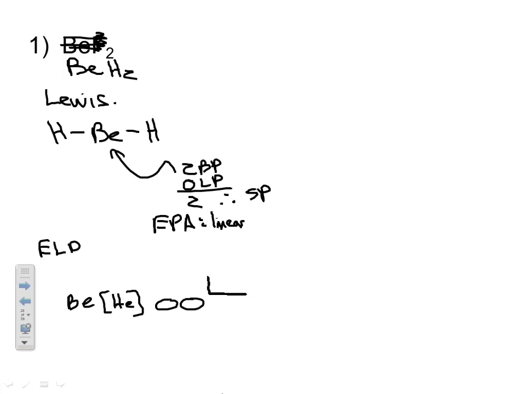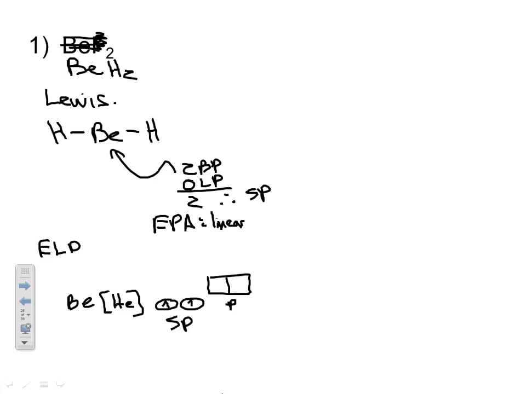I also have 2 squares left, which are the P. How many electrons do I have in the valence shell of beryllium? 2. There's only 2 in there.